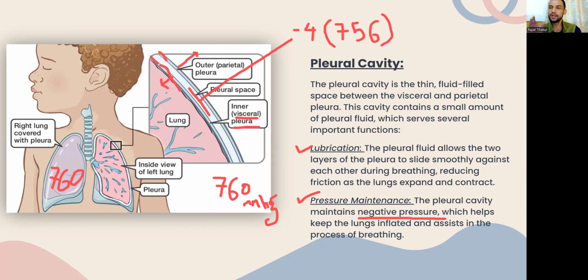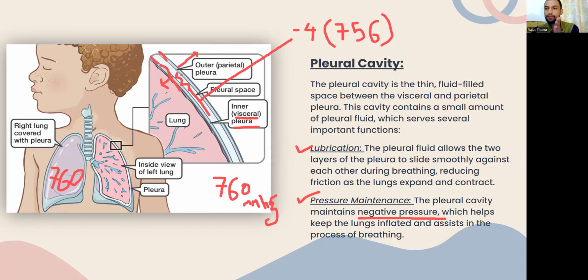So every liquid will try to bring two surfaces together because of its cohesion. So there is a cohesive bond here between the two pleurae. The parietal and the visceral pleura are very much sticking to each other because of the fluid present inside.